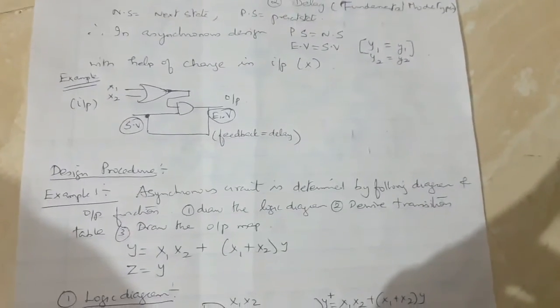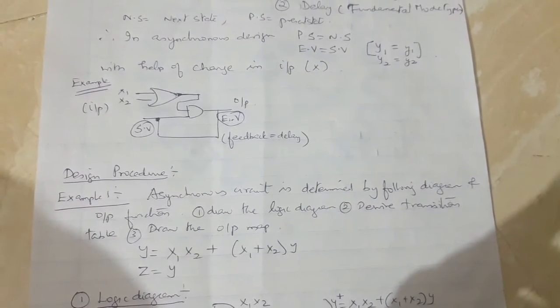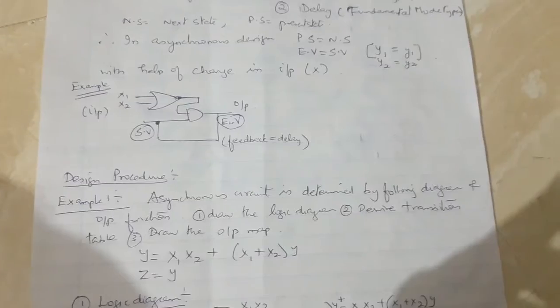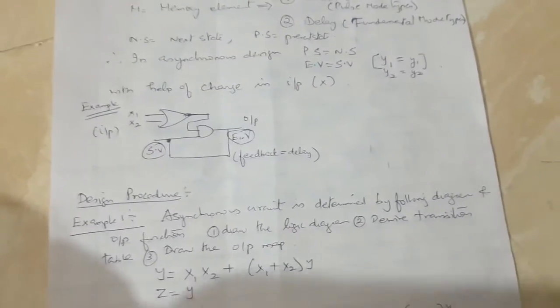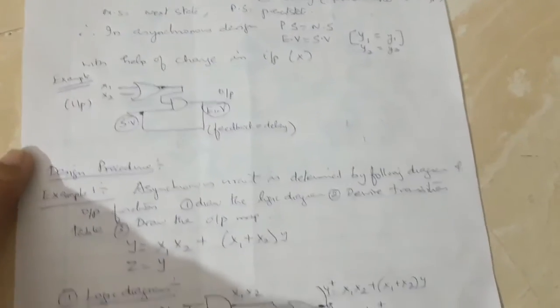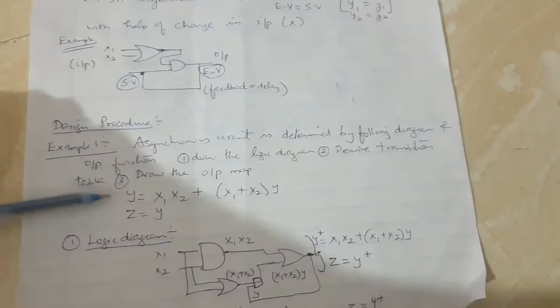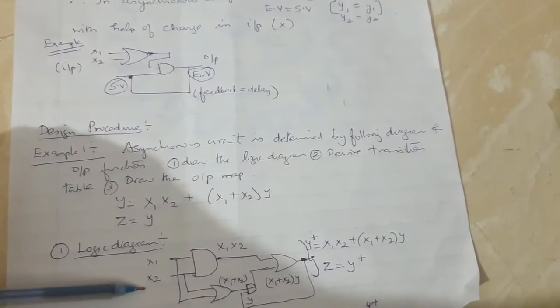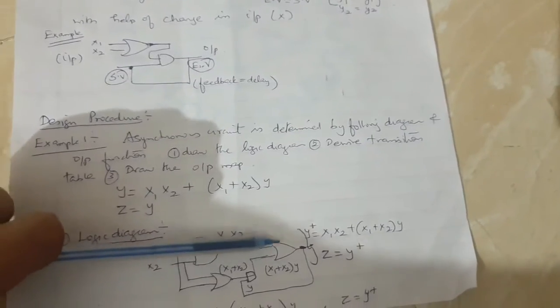So Y is equal to x1 into x2 plus x1 plus x2 into y. Z is equal to y. Okay, so once the problem has been given, now your first step will be to note down the variables, correct? So draw the logical diagram. The state equation is given. You can draw the logical diagram, AND gate, OR gate, then again you have one OR gate.